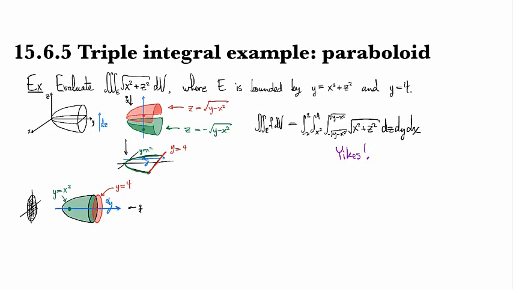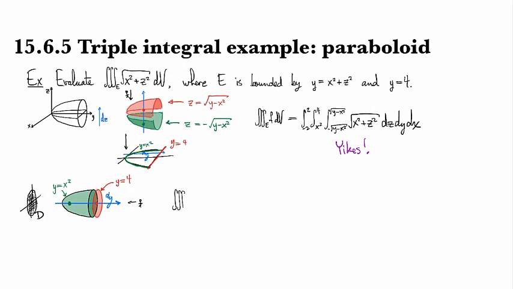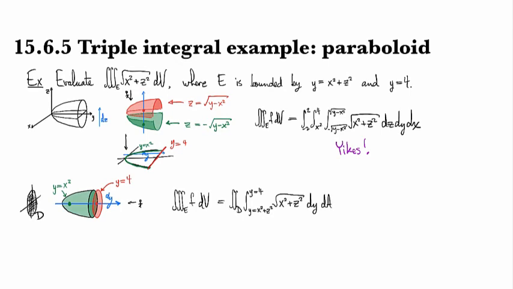All right. So now the triple integral over E of f dV is going to be the double integral over the disk times the integral from the paraboloid y equals x squared plus z squared up to the plane y equals 4 of the integrand square root of x squared plus z squared, and then that's dy, and then we have dA set up over the disk afterwards.